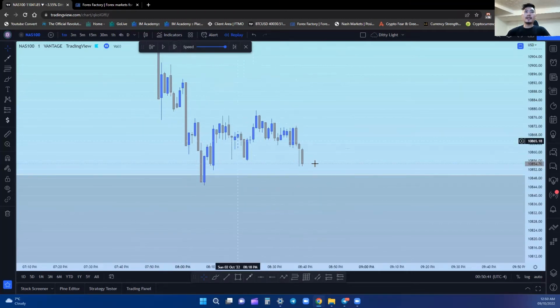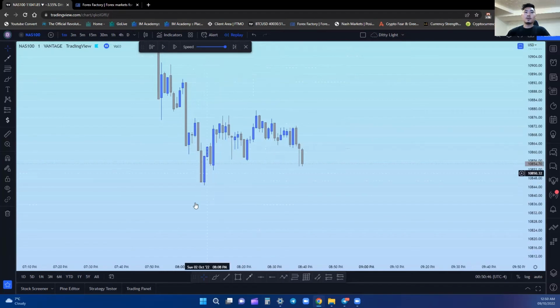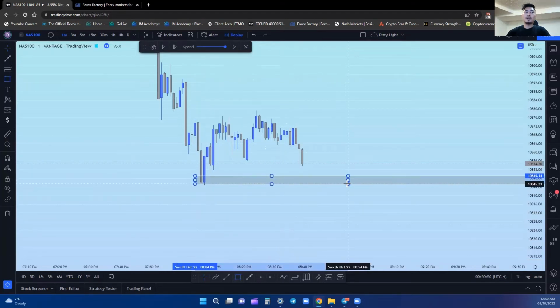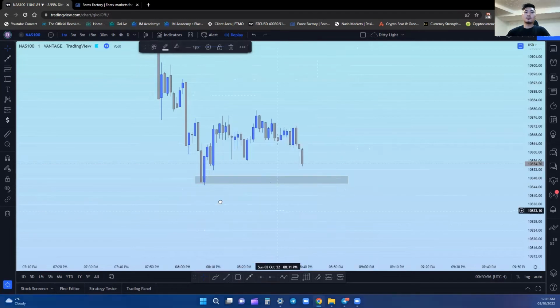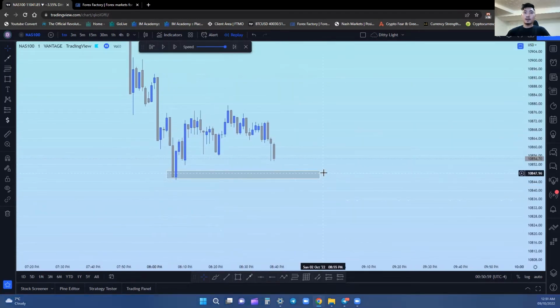So looking at that structure, okay, I'm just gonna remove this, right? I said I'm gonna play this area if it comes back to this area, let's see what happened, okay?